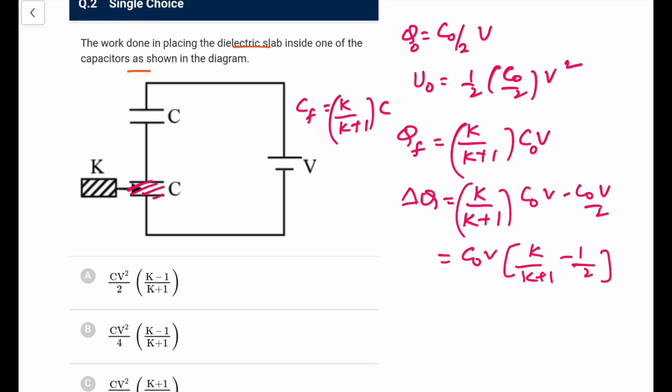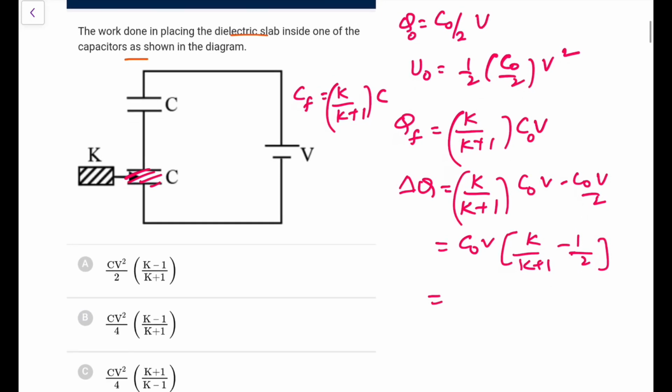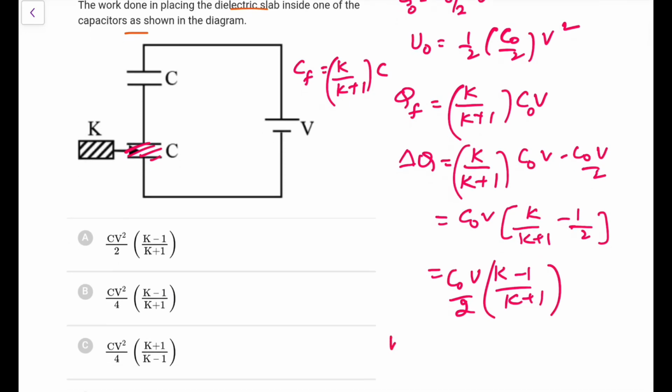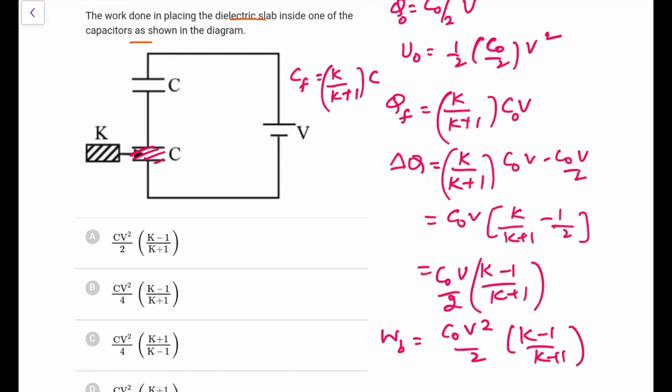This is equal to (2K minus K minus 1) upon K plus 1, that is K minus 1 upon K plus 1 times C0 V by 2, that is what we will get here. This is delta Q, so the work done by the battery would be delta Q into V, that is C0 V squared by 2 into K minus 1 upon K plus 1. So that is the work done in placing the dielectric slab inside one of the capacitors.